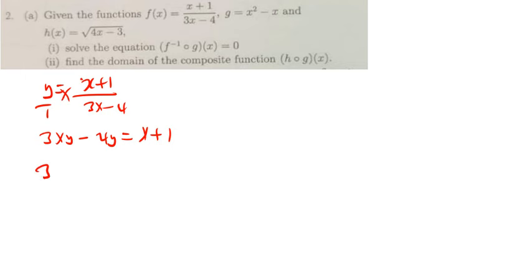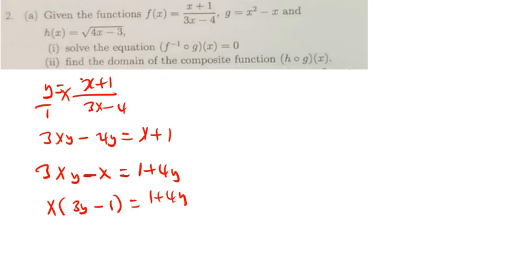Now from here, we make x the subject of the formula, so we have xy minus x, I'm shifting x to the other side, should be equal to 1 plus 4y. Then I'll factor out x: x times 3y minus 1 being equal to 1 plus 4y.